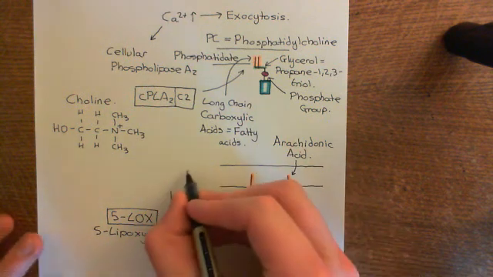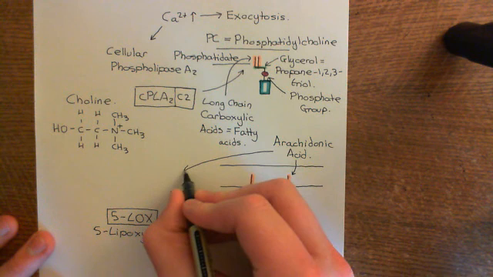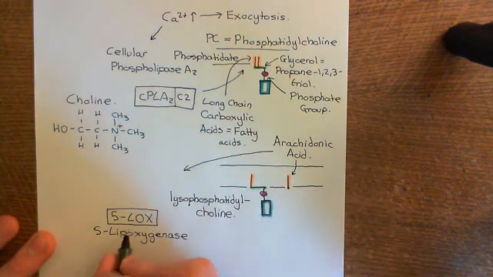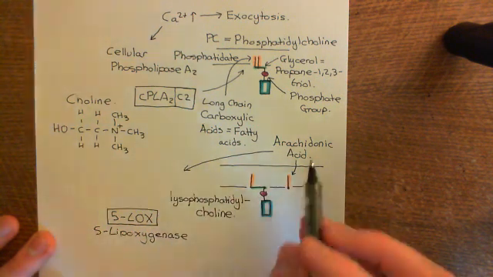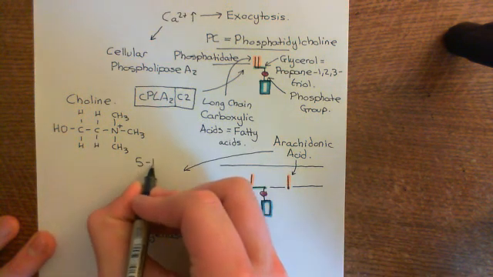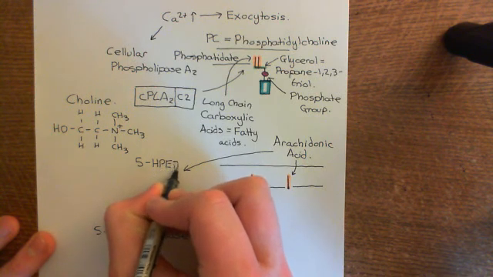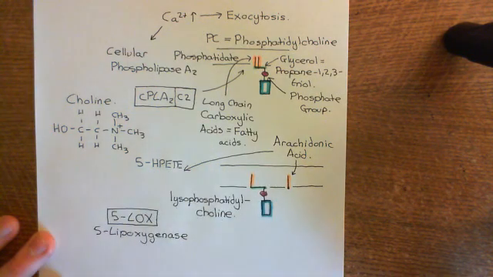Now it performs two conversions. The first conversion the 5-lipoxygenase performs on the arachidonic acid is it converts it into something known as 5-HPETE. Now, what does 5-HPETE stand for?